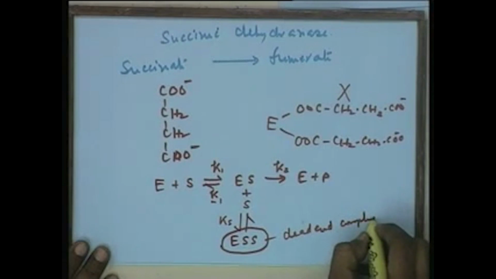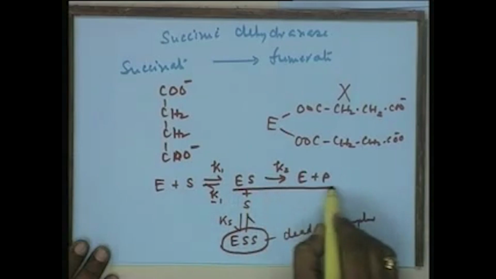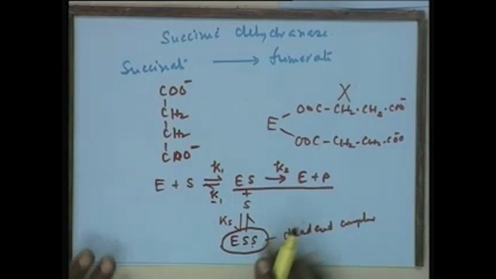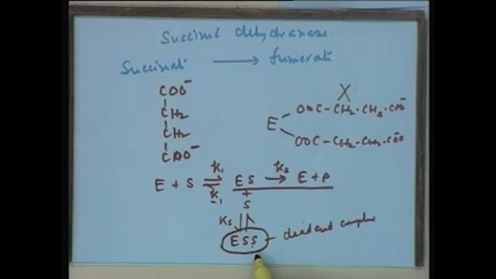That means the product formation will take place from the ES complex. This will not lead to any product formation, and whatever fraction of the total enzyme is bound in the form of ESS will not participate in the reaction, with the result that your reaction velocity will drop.